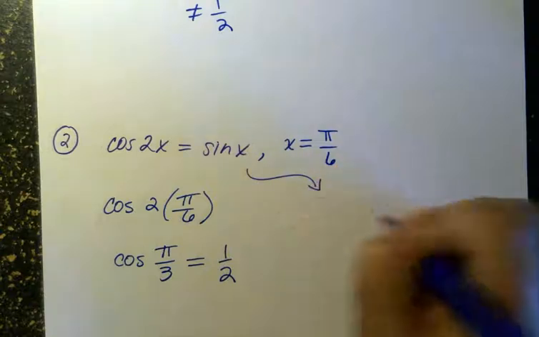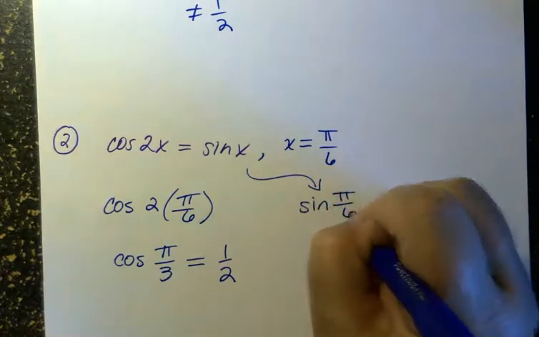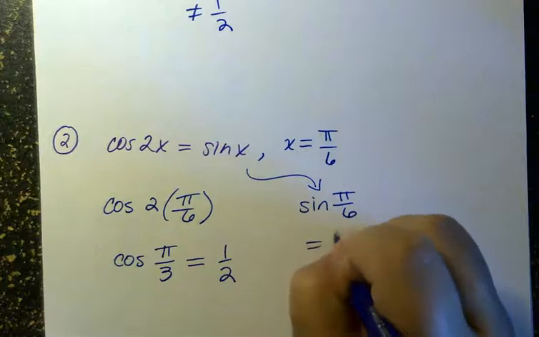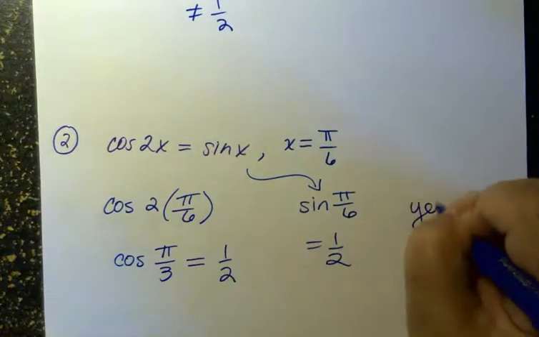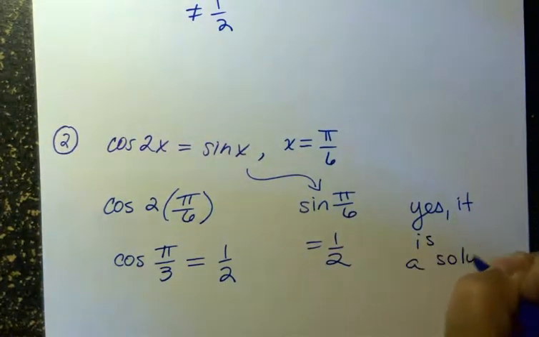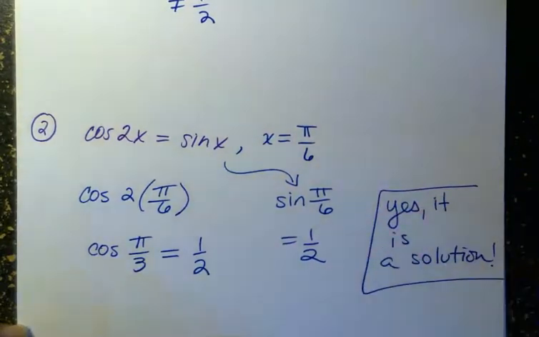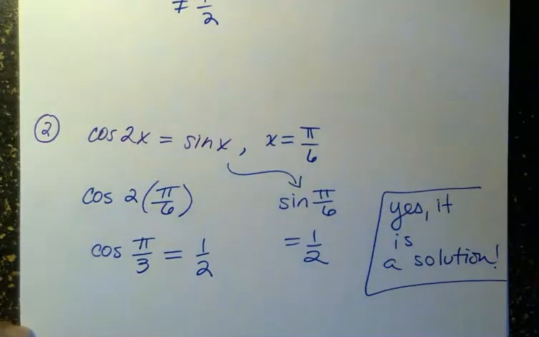Now on the other side, this is sine of pi over 6. Sine of pi over 6 is also 1/2, so yes, it is a solution. So that's all you're doing in the first couple of questions in this section, is just confirming whether or not the given value of the angle is a solution.